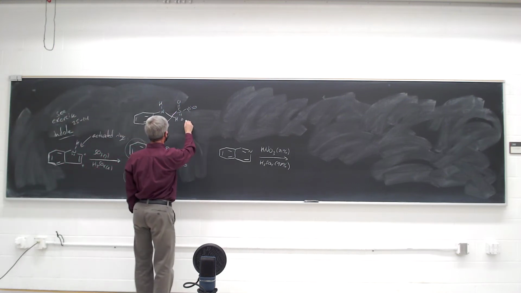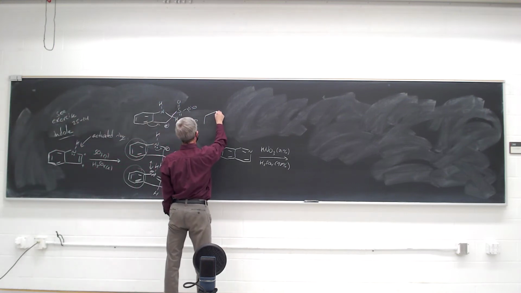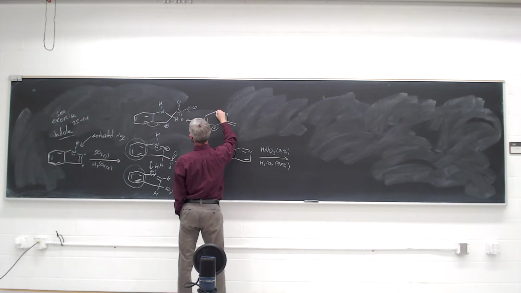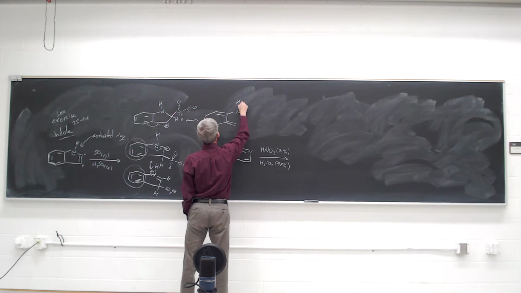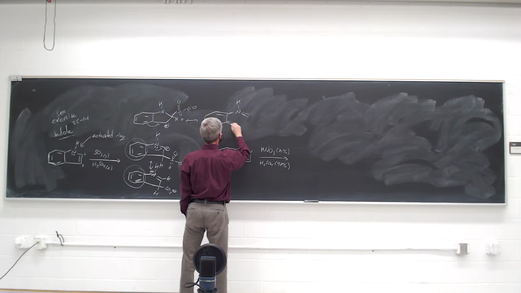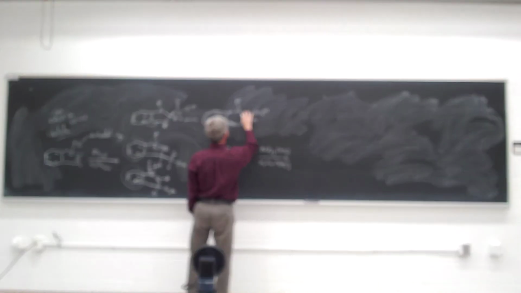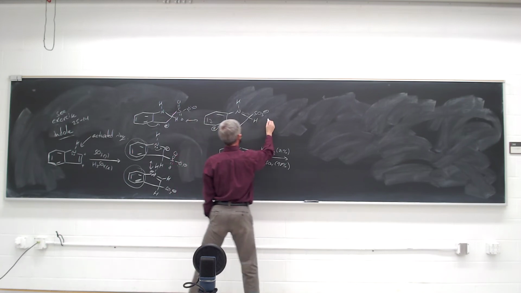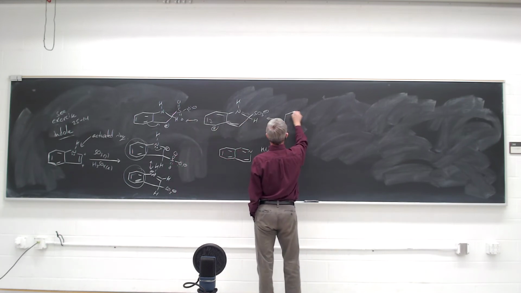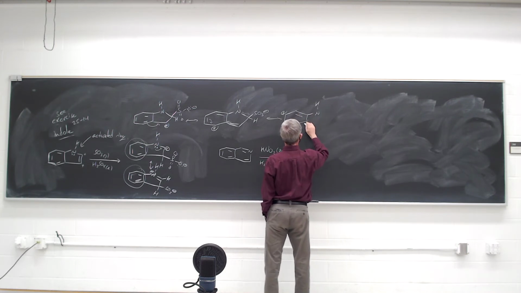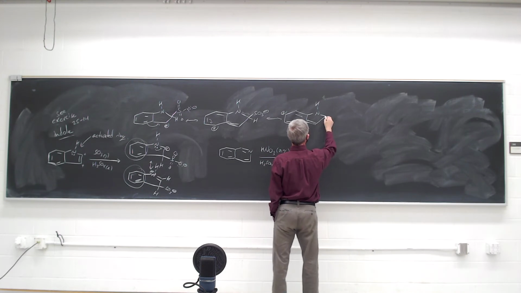If I attack in the 2 position, the very next resonance structure I can draw will have broken the aromaticity in the benzene ring. And then I can draw more resonance structures. But I don't really need the additional resonance structures as soon as I realize that there's only one resonance form that can keep the benzene ring intact.